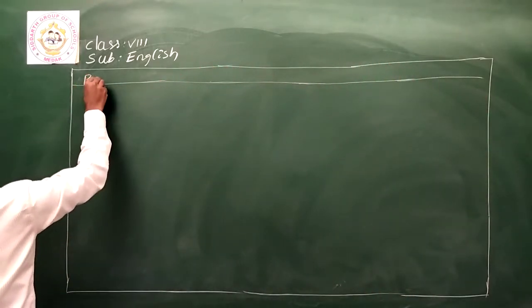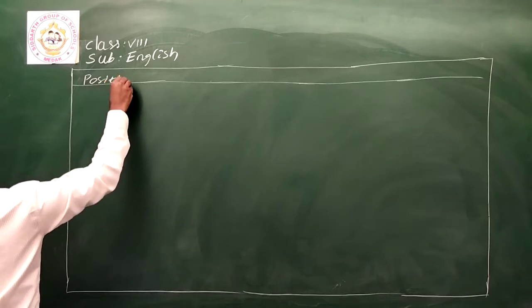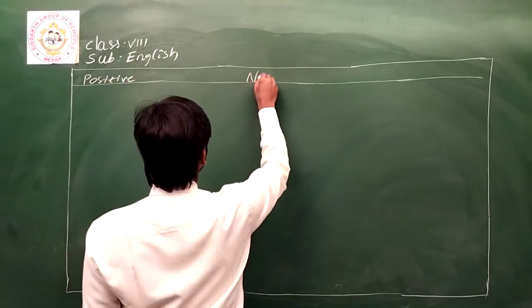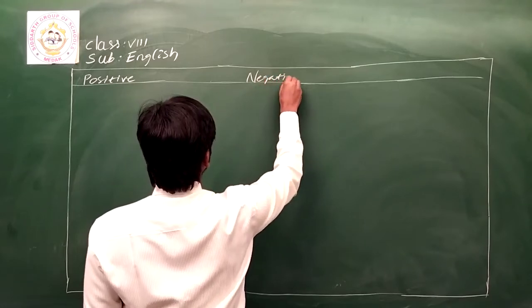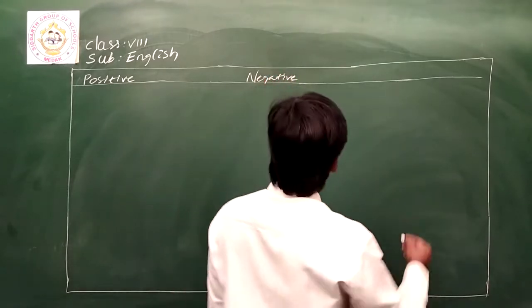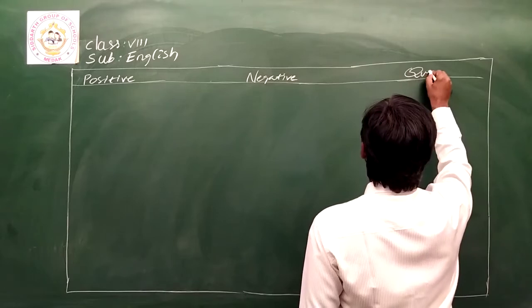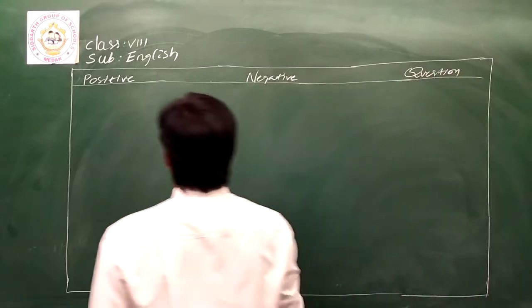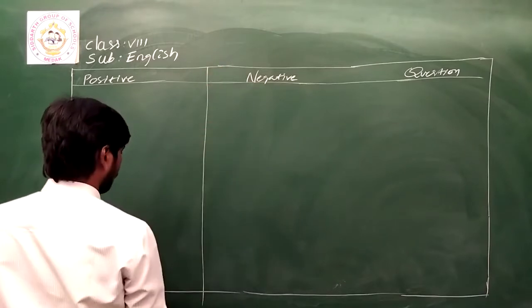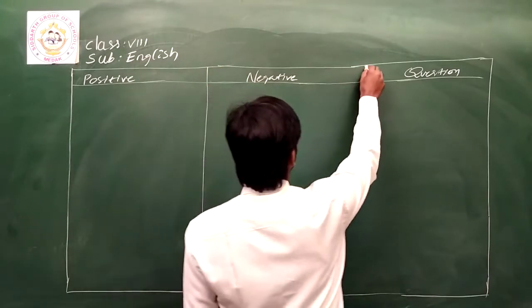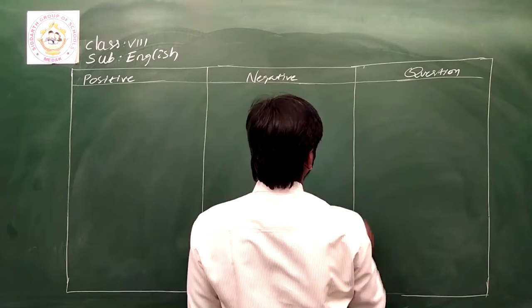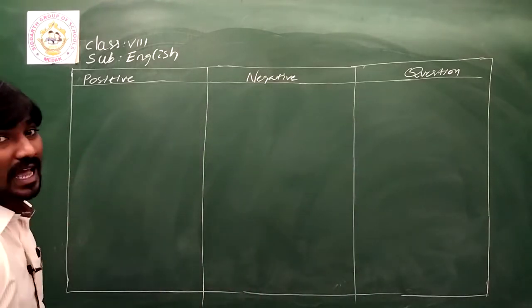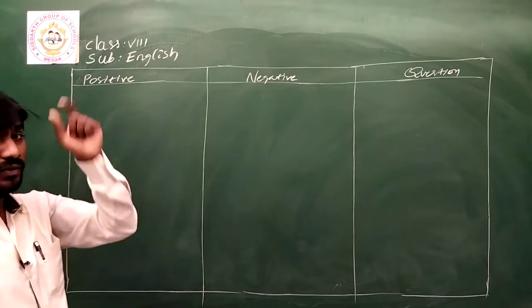Positive, negative, positive. Right. So subject plus have or has plus been plus V4.